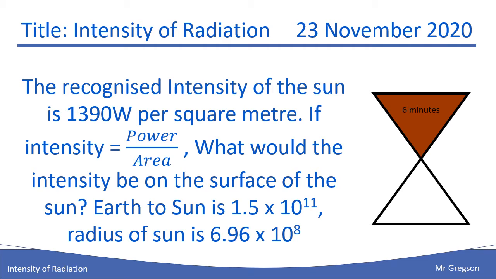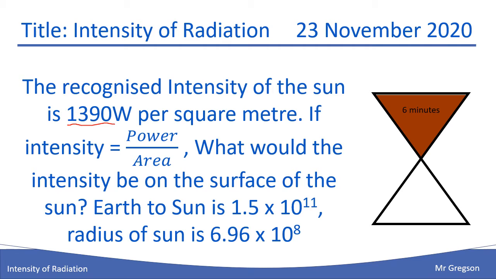The recognized value on Earth is 1,390 watts per square meter, which is a considerable amount of power. If you take into consideration that we are 150 million kilometers from the sun, that's an awfully big sphere that 1 square meter sits on. So if you can work your way backwards, you could actually find out how much power the sun outputs.